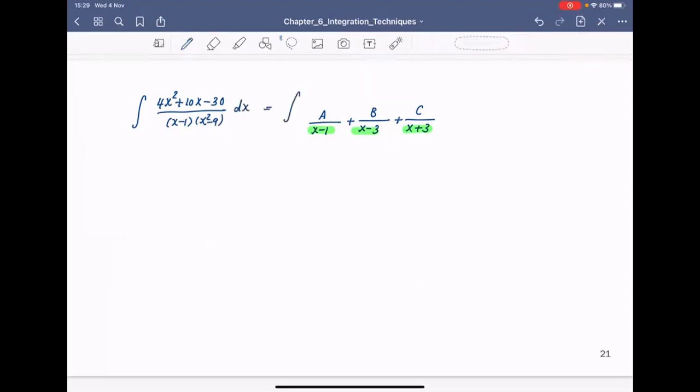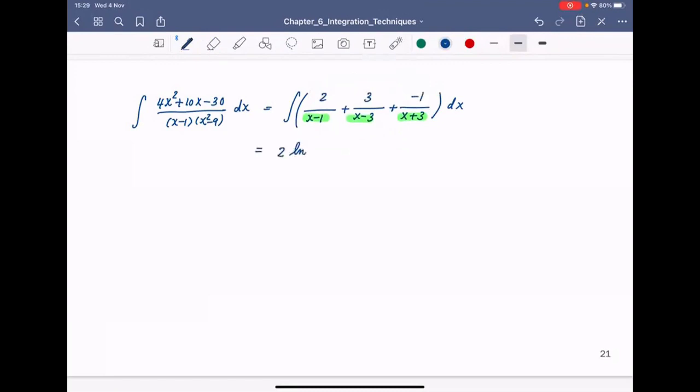This is going to be integrate that dx, right? And we already solved for a, b, and c. a is 2, b is 3, c is minus 1. That is 2 times log absolute x minus 1 plus 3 times log absolute x minus 3 minus log absolute x plus 3 plus C. Pretty simple, right? This is your solution.